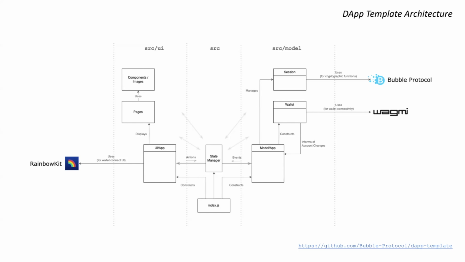Now, if they change account in their wallet, it'll close the previous session and reopen a new session for that account. So a session represents like a login session, and it contains things like your login key, and it also contains any data that you want your session to retain between logins. So it actually stores data between logins in local storage in your browser.